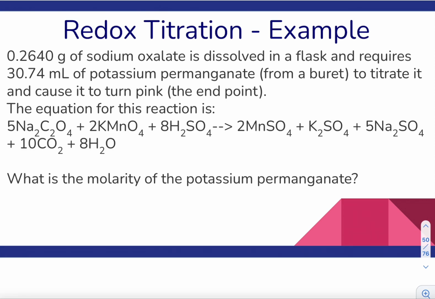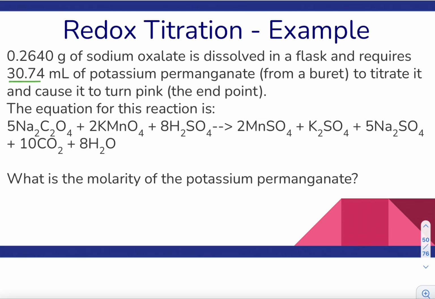Okay, so let's take a look. I'm going to do 2 examples and then give you 2 practice. Like I said, they're mostly stoichiometry. So here we have 0.264 grams of sodium oxalate dissolved in a flask. That means it's dissolved in water in a flask.